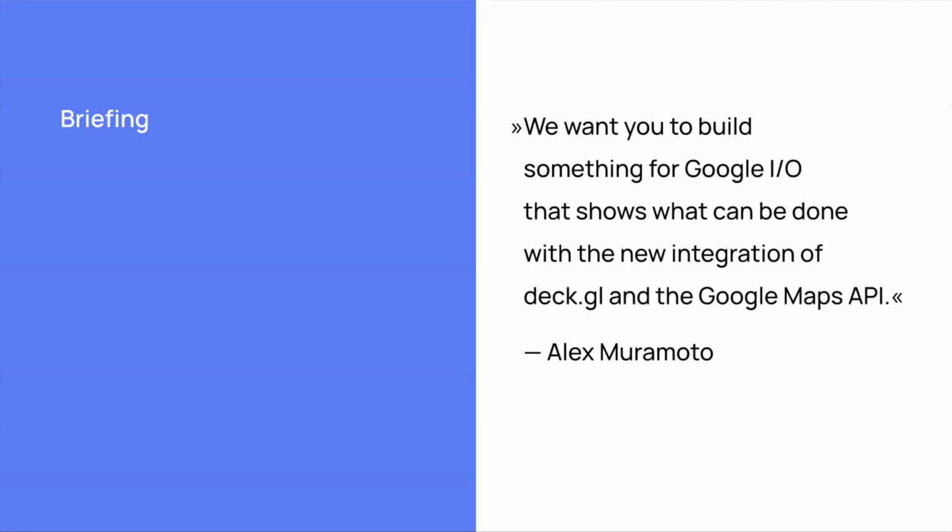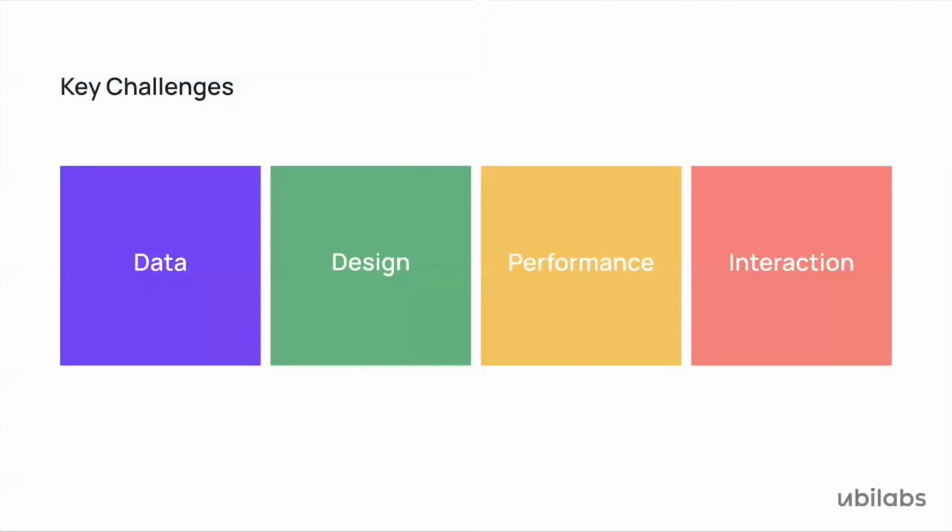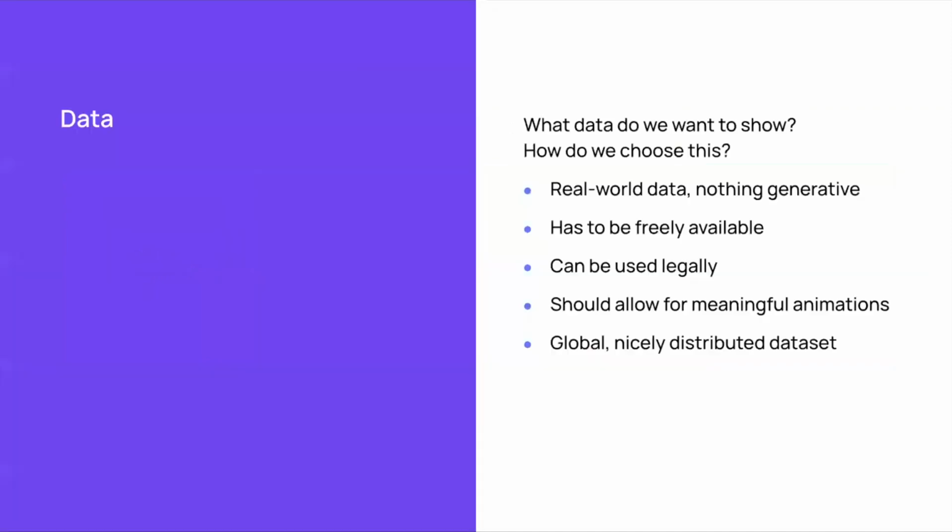But it's kind of difficult, because the key challenges around the data you use, the design, the performance, and interaction all have constraints that we need to find for ourselves first. So let's start with the data.